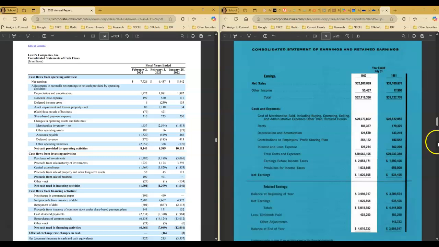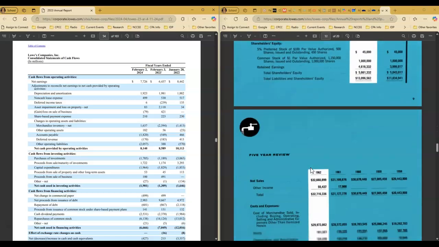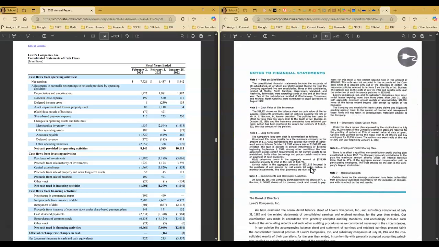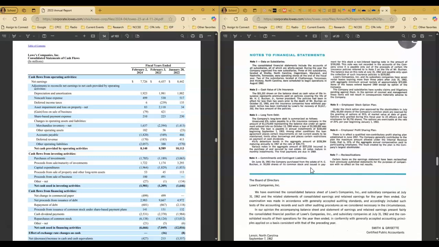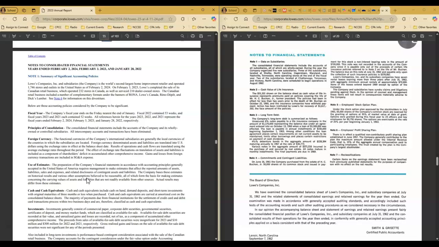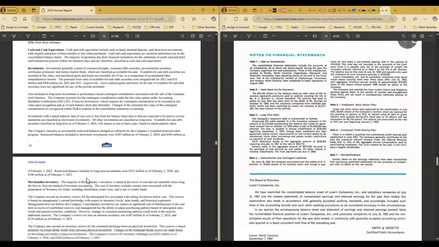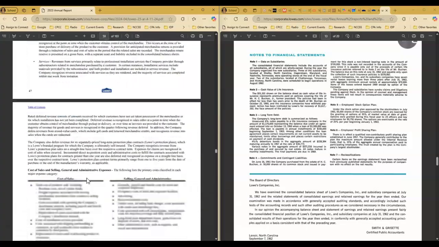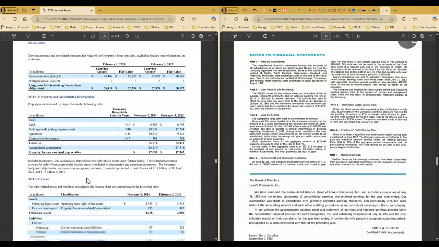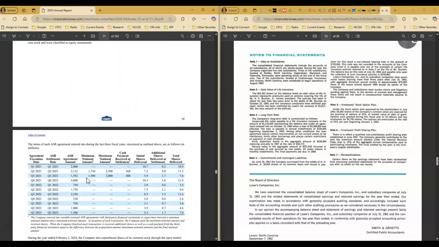Look at 1962. Keep scrolling at the end of these right here. It says notes to the financial statements. We've got a half a page. Go over here to the left. We start with note 1, starting on page 43, and it goes to page 68.